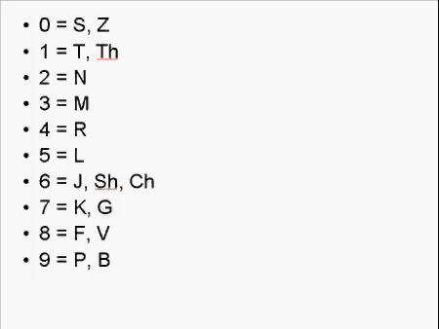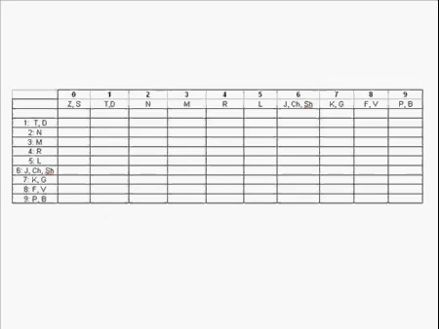Now, once you have memorized those letter associations, what you then need to do is get a piece of paper and draw out a grid similar to this. Now, this may be too small for you to read from, but basically what I've done here is we've got the numbers 0 to 9 across the top, and then the same down the side here, although I haven't included 0 on the side one.